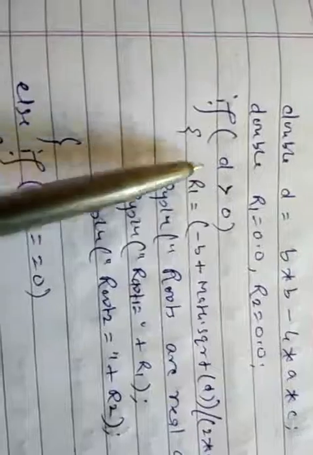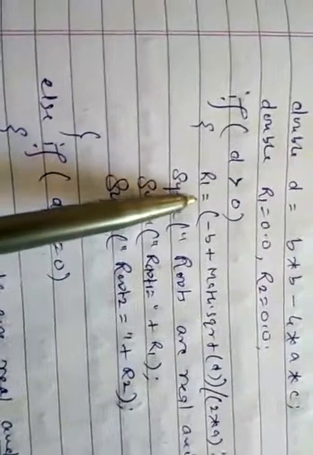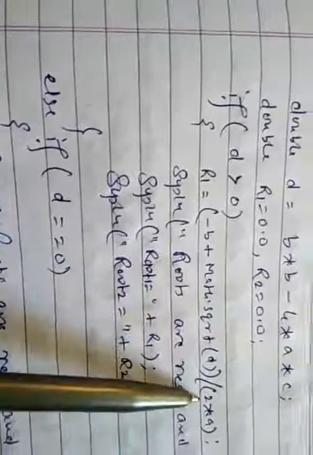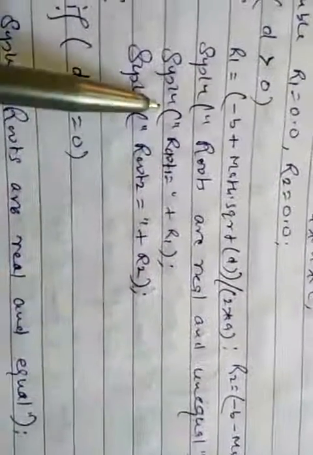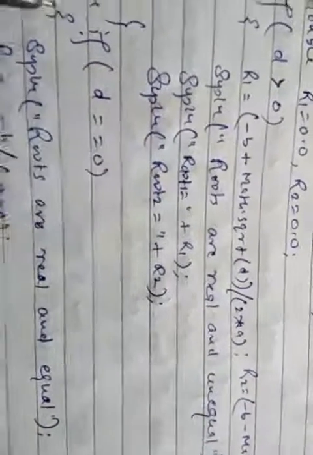So if d is greater than 0, then we have to calculate root 1 and root 2. So r1 equal minus b plus Math.sqrt(d) upon 2a, and the second formula is r2 equal minus b minus Math.sqrt(d) upon 2a, so only the sign is changed in this formula, and roots are real and unequal. We have to print the messages, root 1 equal r1 and root 2 equal r2.